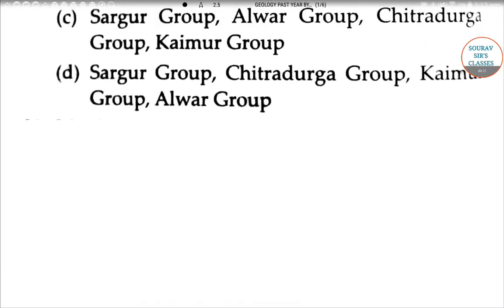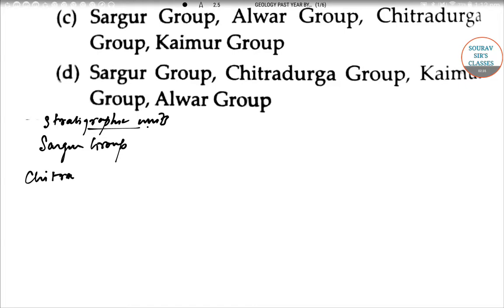So here on the left column we are writing the stratigraphic units: Sargal group, then Chitradurga group, then Alvar group, then Camel group.